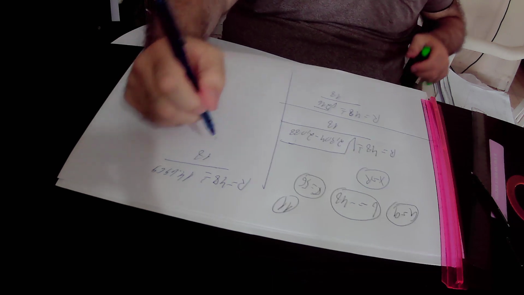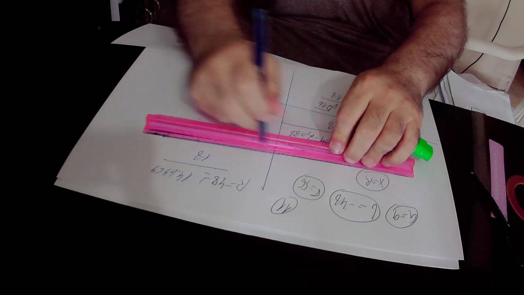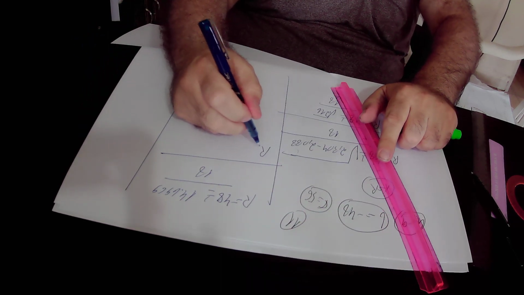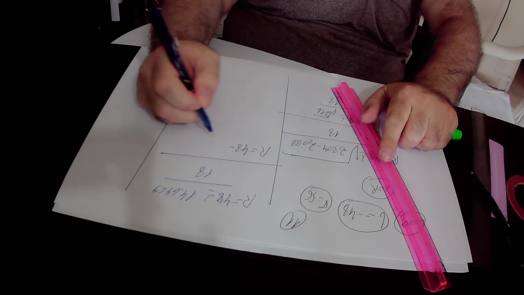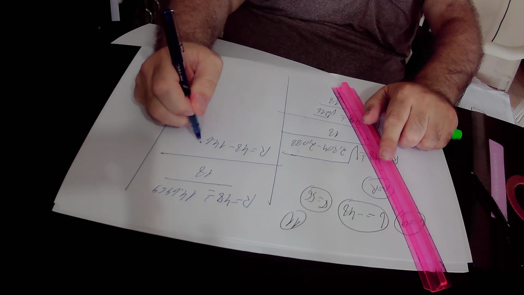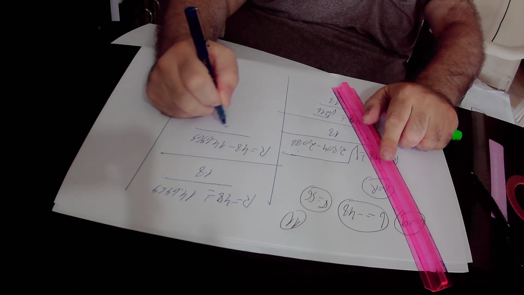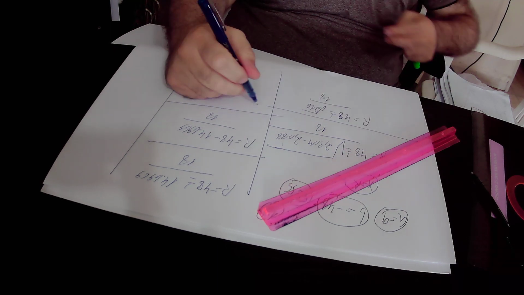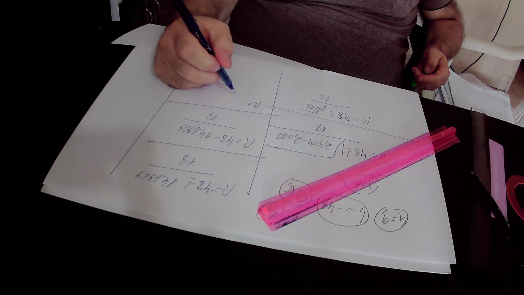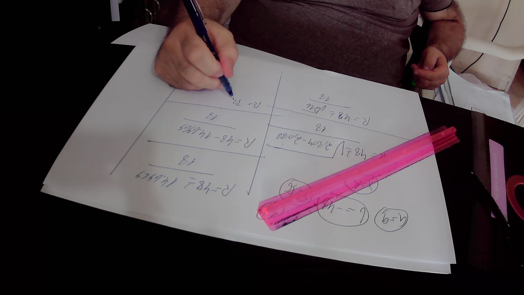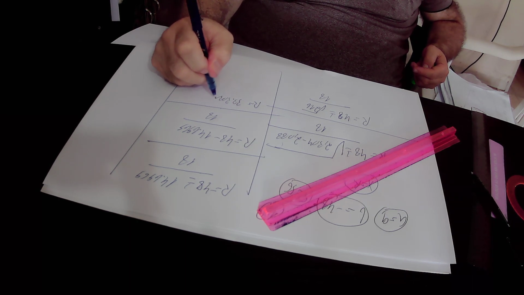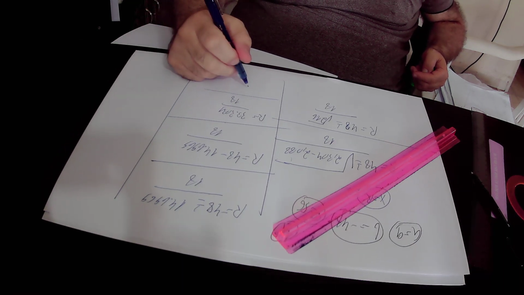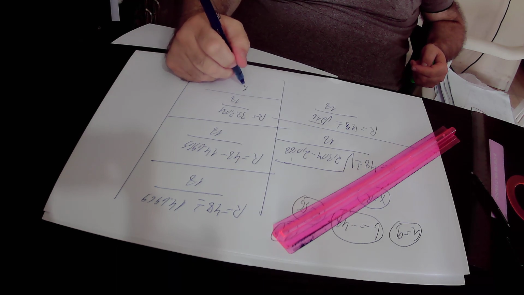So here we have two possible solutions for R. The first solution is that R equals 48 minus 14.6969 over 18. 48 minus 14.6969 is 33.3031 over 18, and 33.3031 over 18 is 1.85.